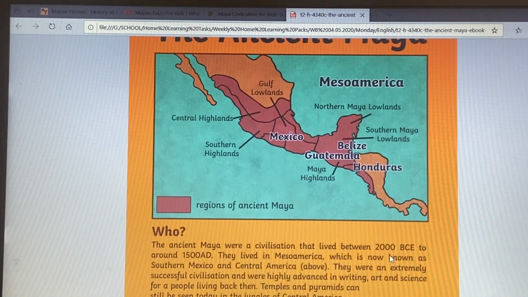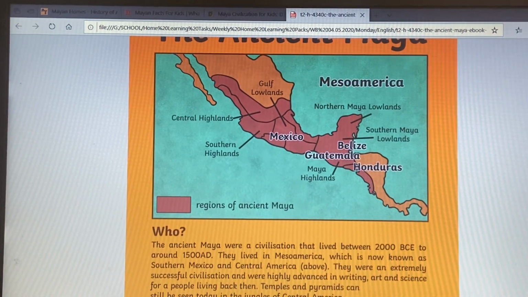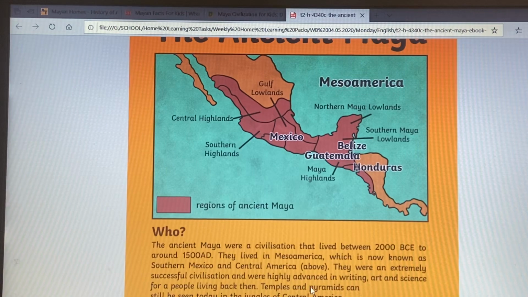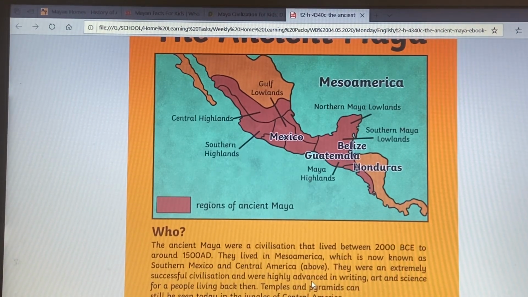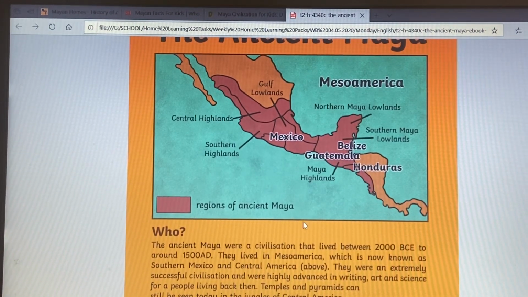So you have 2000 BC to around 1500 AD, and that's round about when the ancient Maya civilization lived. And it gives you an idea of some of the reasons we might find them interesting, that they were highly advanced with certain skills, and some of the things that they built, which you can still see in Central America today. So that's included in your home learning pack and on the website.